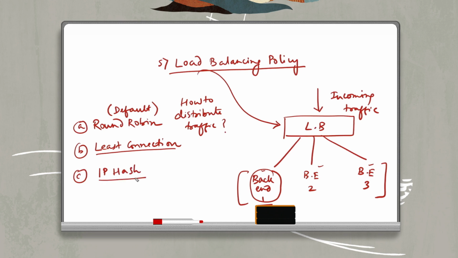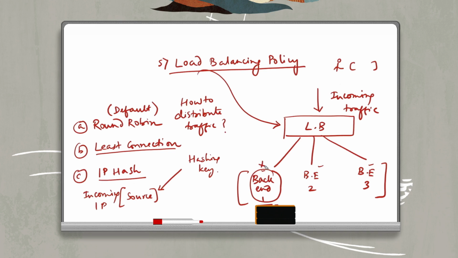Now in this IP hash, the incoming IP, which is nothing but the source, is going to be used as a hashing key. So what typically is going to happen is, using this policy, the load balancer service will route the non-sticky traffic to the same backend server. So if a request is originating from a particular IP address, and if we have selected IP hash, then the non-sticky traffic is going to be sent to the same backend server.